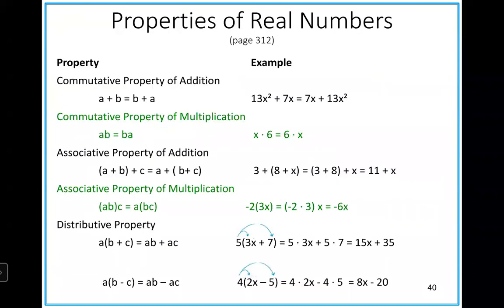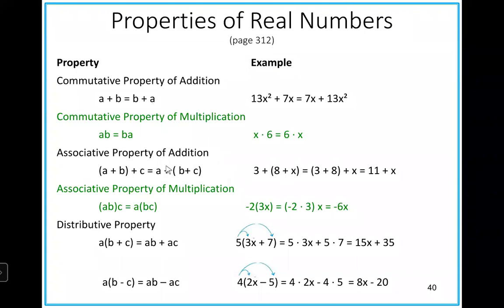All right, so we did talk about the commutative property when we're doing real numbers. So we have addition. It doesn't matter which order you add. Multiplication, the same thing. It doesn't matter which order you multiply. You get the same result. Then we have what is called the associative property of addition.